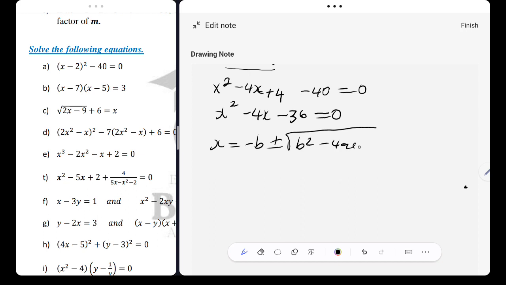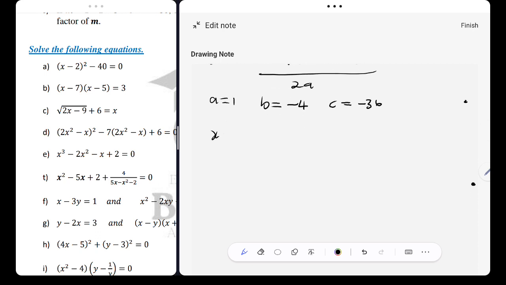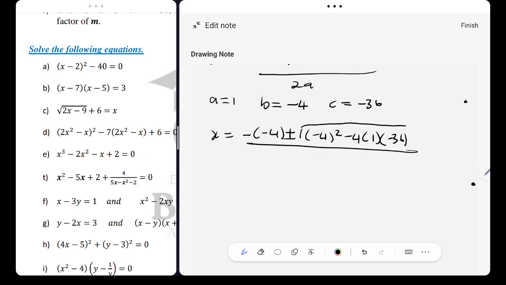The formula is negative b plus or minus the square root of b squared minus 4ac, all over 2a. I know that the value of a is 1, the number in front of x squared, and the value of b, the number in front of x, is negative 4, and then c is the constant term. So I just need to substitute everything into my formula. So I know that x will be equal to minus a negative 4 plus or minus the square root of a negative 4 squared minus 4ac, over 2a.